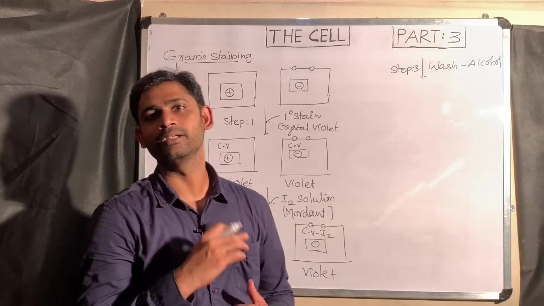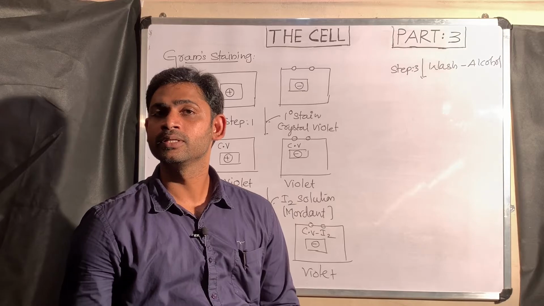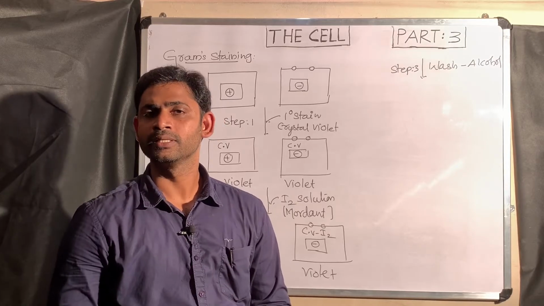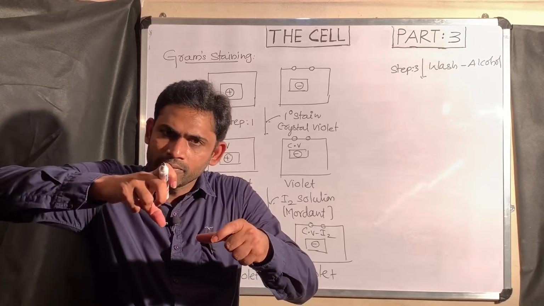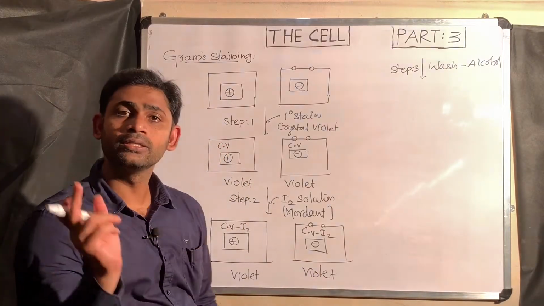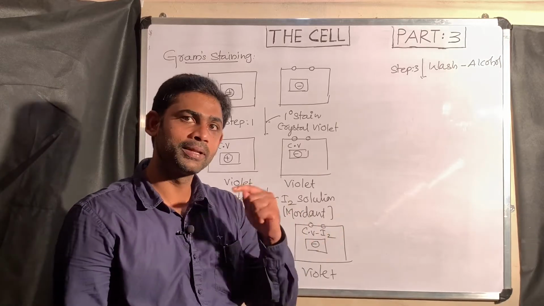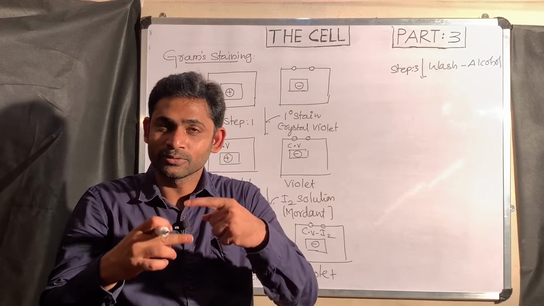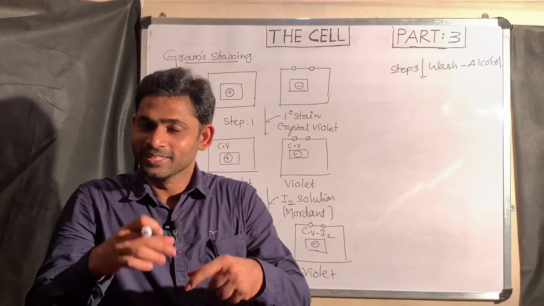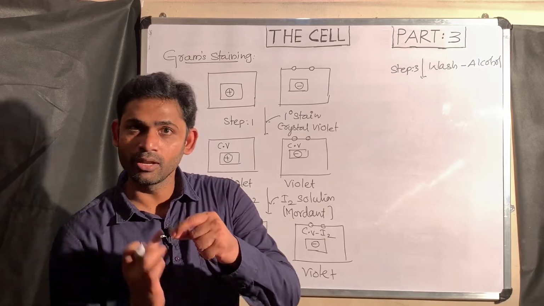Once alcohol has entered, the cell wall of gram-negative bacteria, which consists of lipids, has those lipids solubilized in the alcohol. Those cell wall lipids contain the crystal violet and iodine complex. When you are continuously washing, what happens? The lipids get solubilized in the alcohol, and then the alcohol comes out after solubilizing.